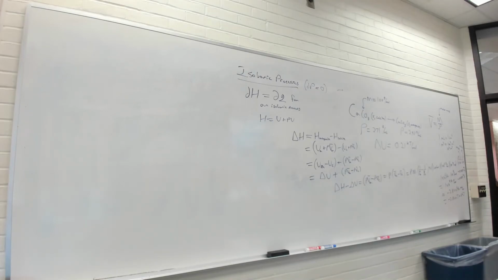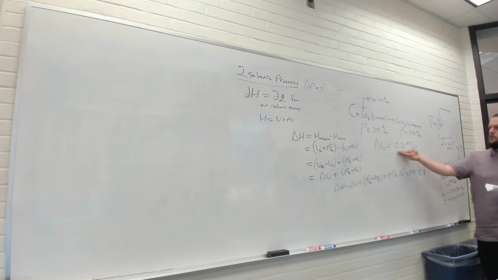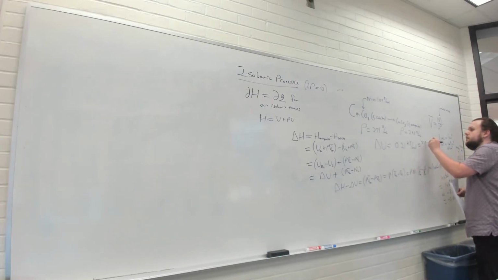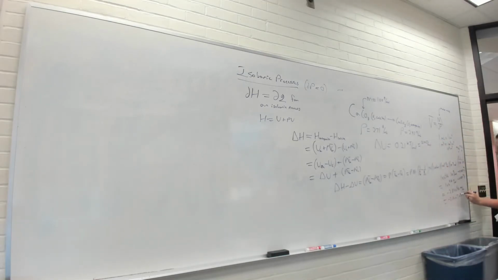Okay, so what this means is that when you convert between, right, the system absorbs 2.1 kilojoules per mole total, right? The energy increases by 210 joules per mole. Wouldn't it be negative 28? Yeah, it's negative 28. Thank you. Negative 28.